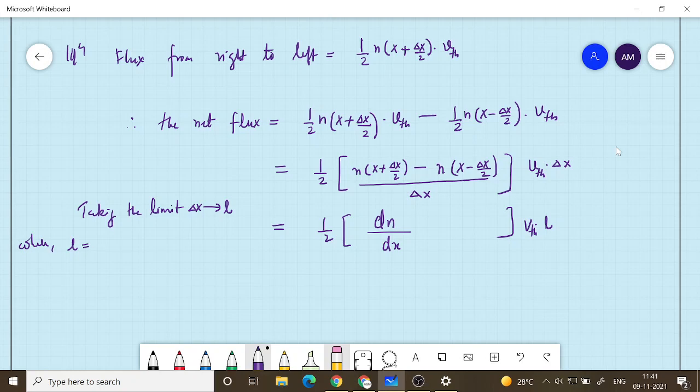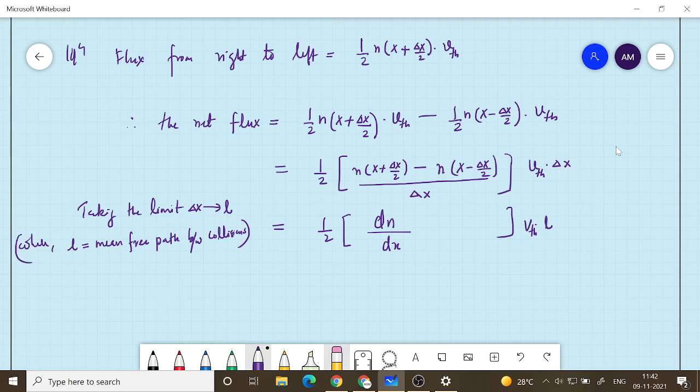L is the mean free path between collisions.